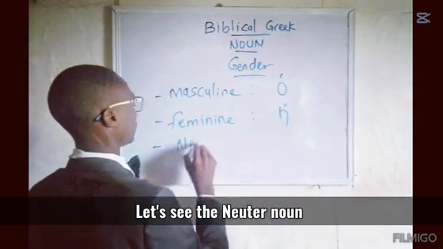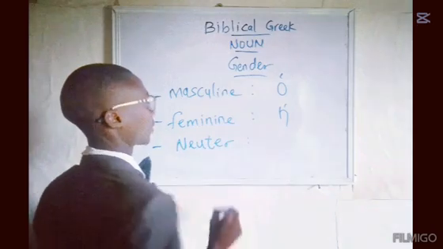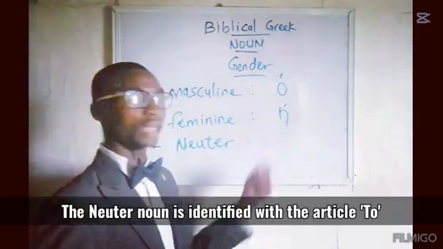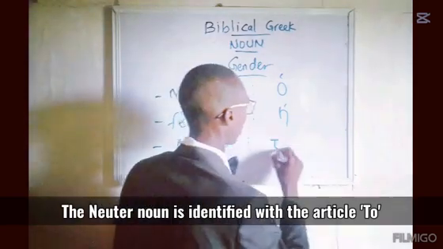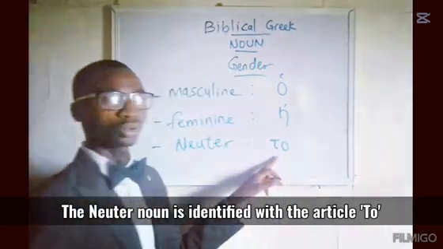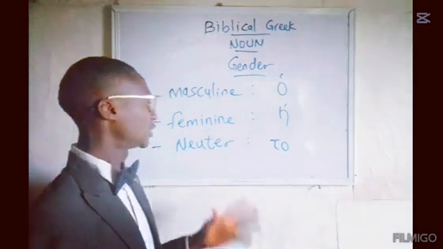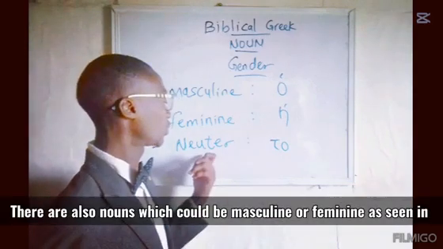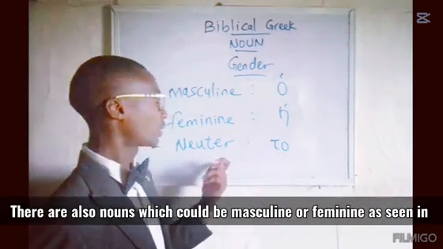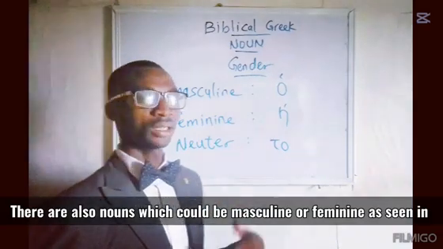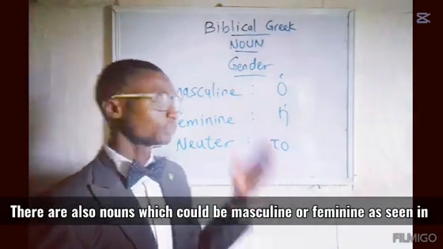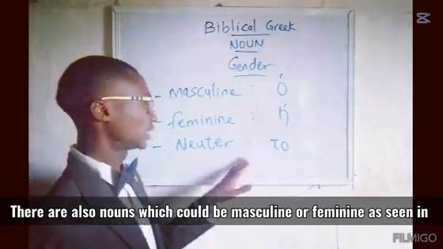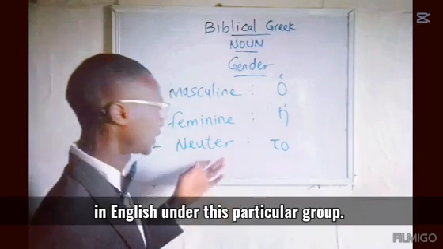Alright. Now, let's say the neuter. The neuter noun also is identified with the article to. Alright. Then we have an example, because also we have a good number of nouns that may be masculine or feminine as seen in English under this particular group.